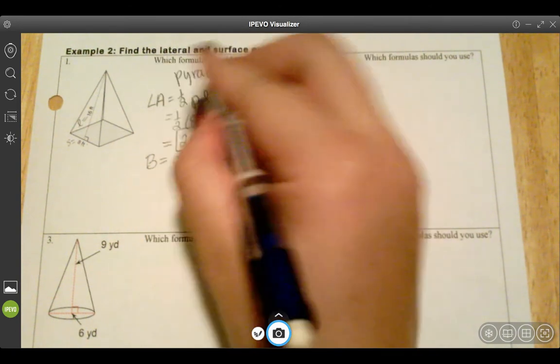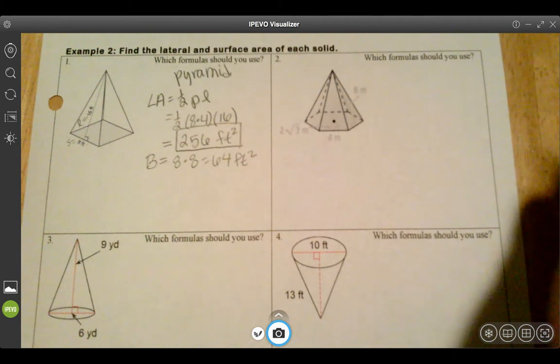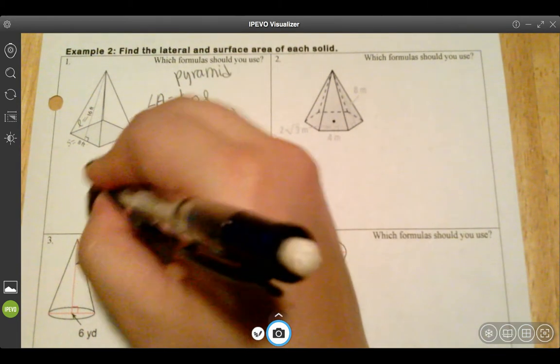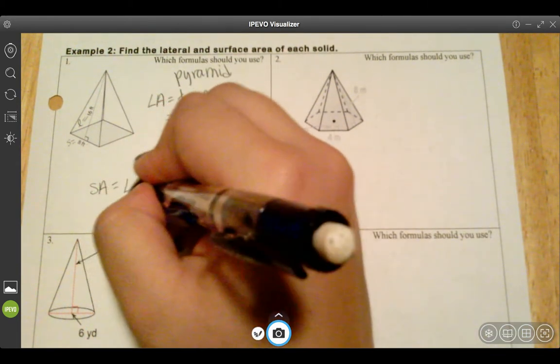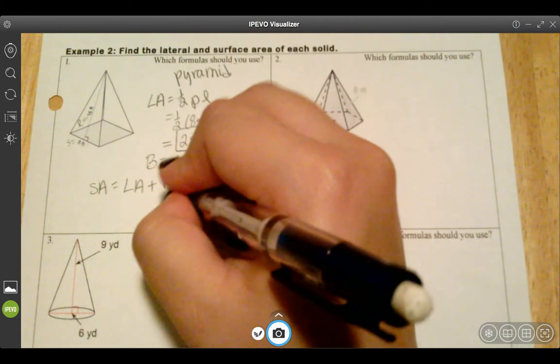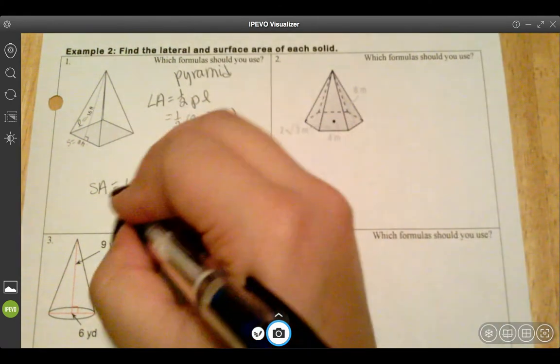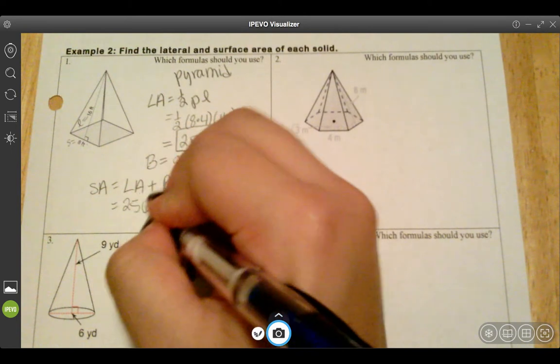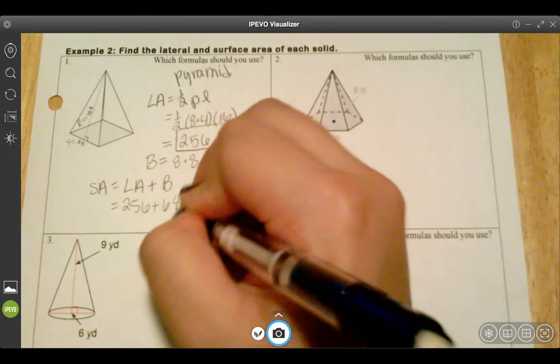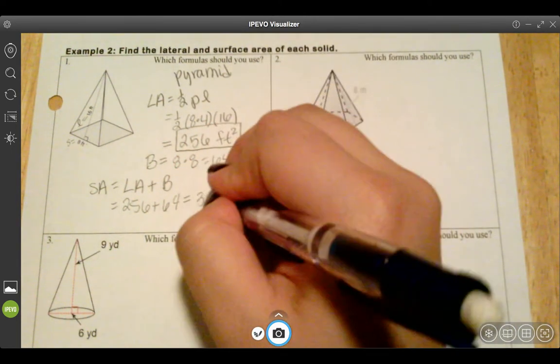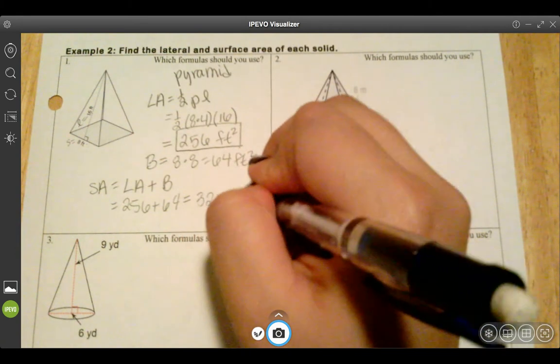It asks for the lateral and the surface area. I don't have to box the base. And finally, the surface area, which is lateral area plus how many bases? We have 1 for this problem. And so that is 256 plus 64, giving us a grand total of 320 square feet.